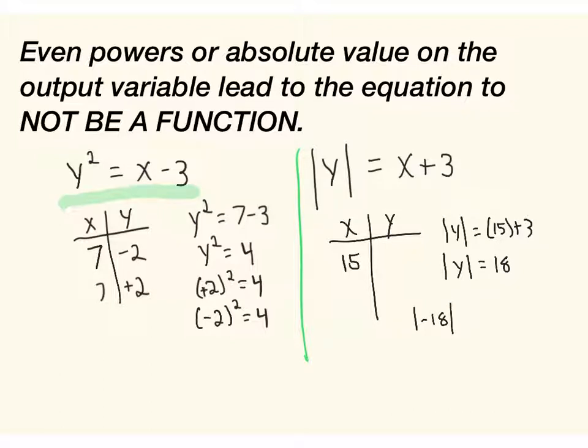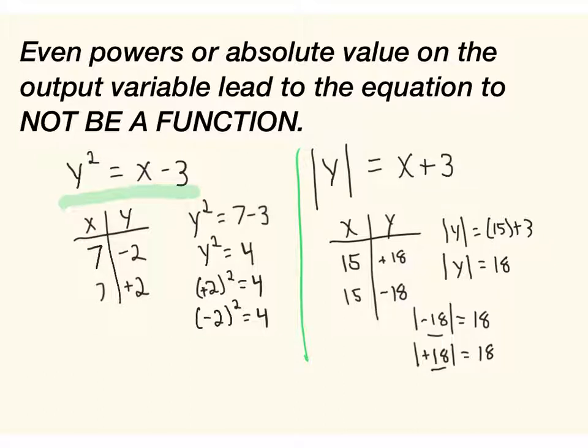First of all, the absolute value of negative 18 is 18, and then the absolute value of positive 18 is 18. So we have, for 15 as an input, there are two possible y values, positive 18 and negative 18, that give us the same output value of positive 18.